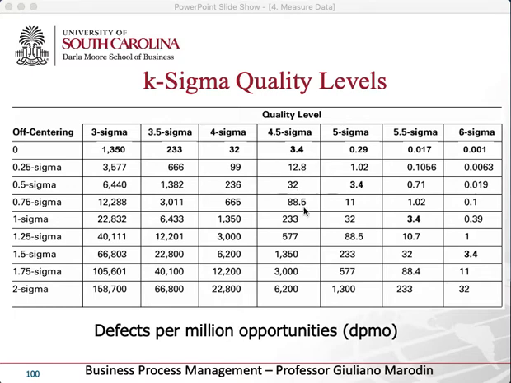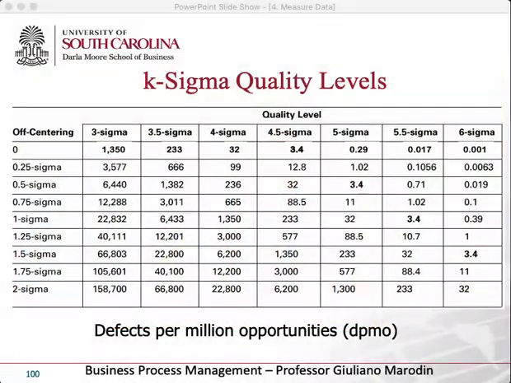So if you apply this table with a 1.5 shift, it's actually going to generate 1,350 defects per million opportunity, which means the same thing as your 4.5 actually being a 3 sigma level process, right? So when you want to have a 6 sigma process, you're actually going to generate 3.4 defects per million opportunities. So newsflash, having a 6 sigma process means that you actually have a 4.5 sigma process because of the shift.